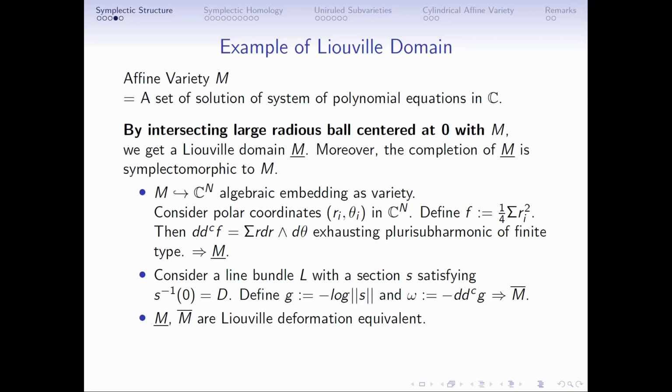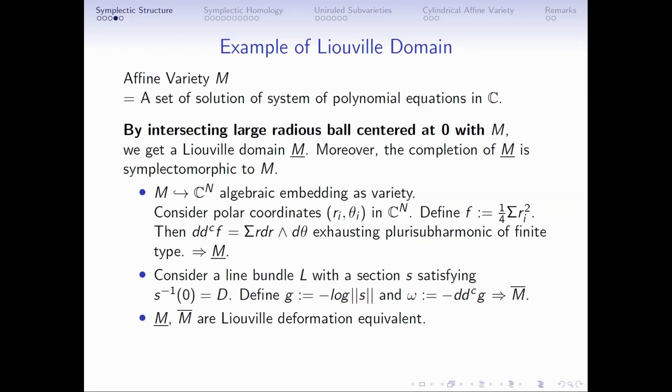As in the previous example, consider polar coordinates, take a large radius around the origin, and intersect with our affine variety. Then the intersection is induced with the form r dr d theta.